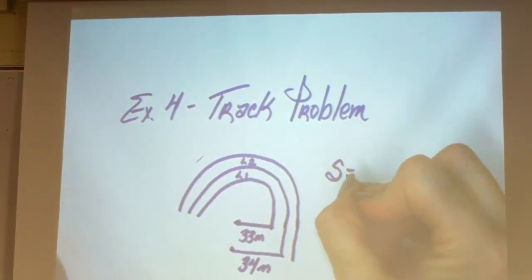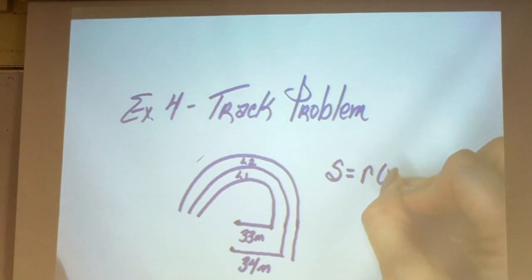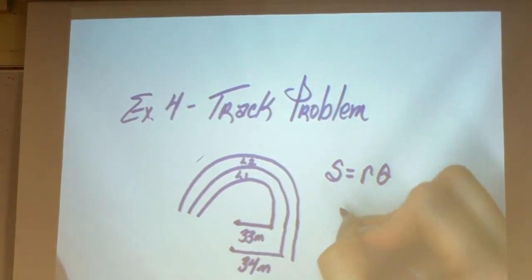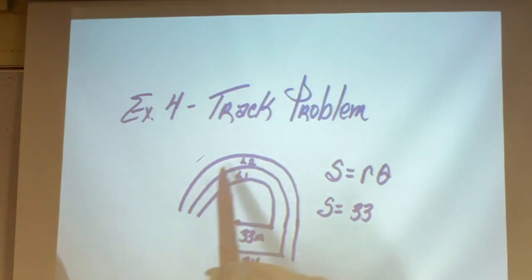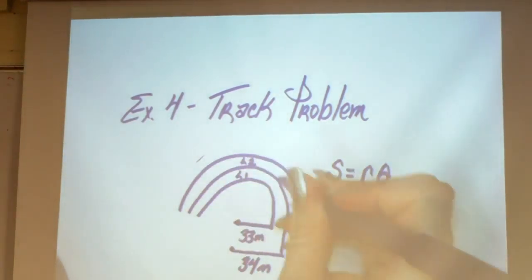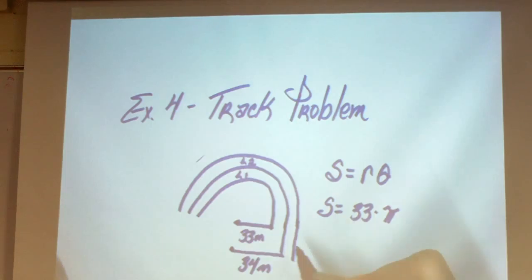So we're going to use the arc length formula, and let's use the one in radians just because it's a more simplistic formula. Let's do lane 1 first. Our S is equal to radius 33 times theta. Since this is a half circle, our angle would be 180 in degrees, but in radians, it's pi. So our arc length for lane 1 is 33 pi.